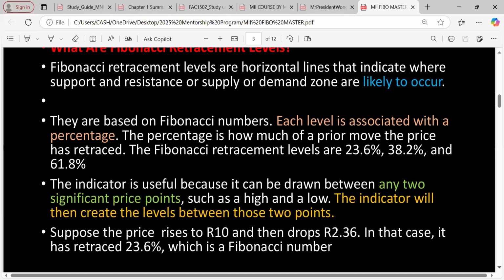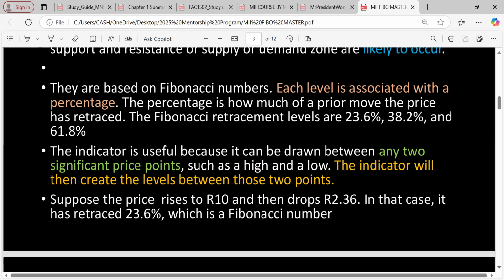Then suddenly there's a drop of about 23.6% from that 10 rand. That means there was a retracement of the price to 23.6%. Basically, those percentages on the Fibonacci mark the percentage drop of a price.